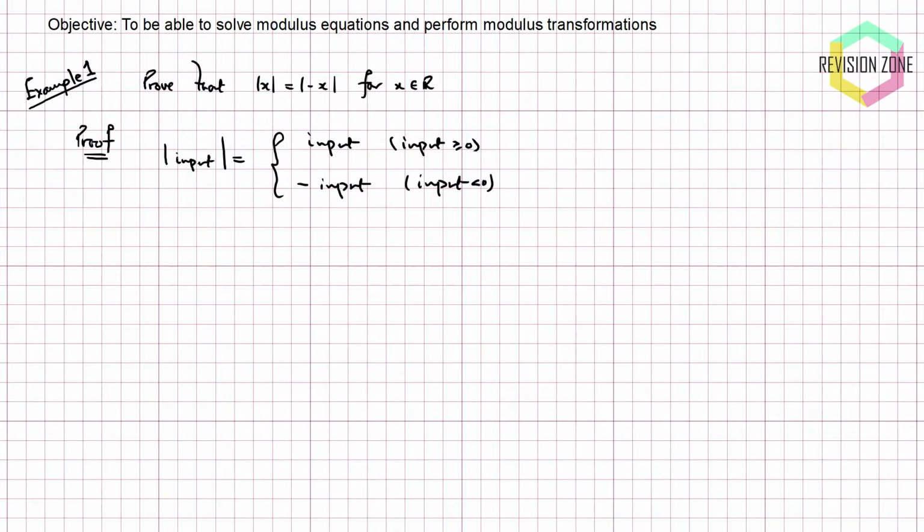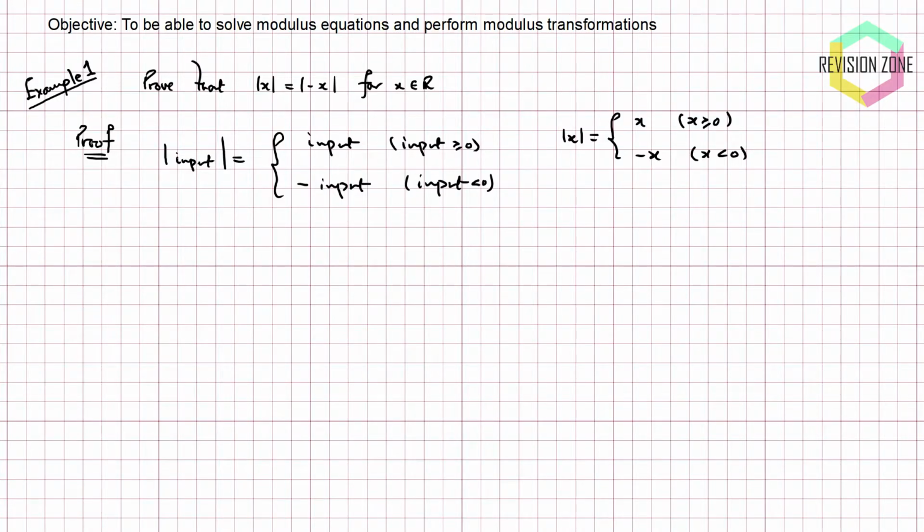So the idea for this proof is to apply this definition to both the left-hand side and the right-hand side independently, and then to manipulate things to show that the definition gives us the exact same thing on the right-hand side in both cases. So let's think about the modulus of x. Well, this is obvious because it's the thing we defined in the previous video, but we can just rewrite it here as follows.